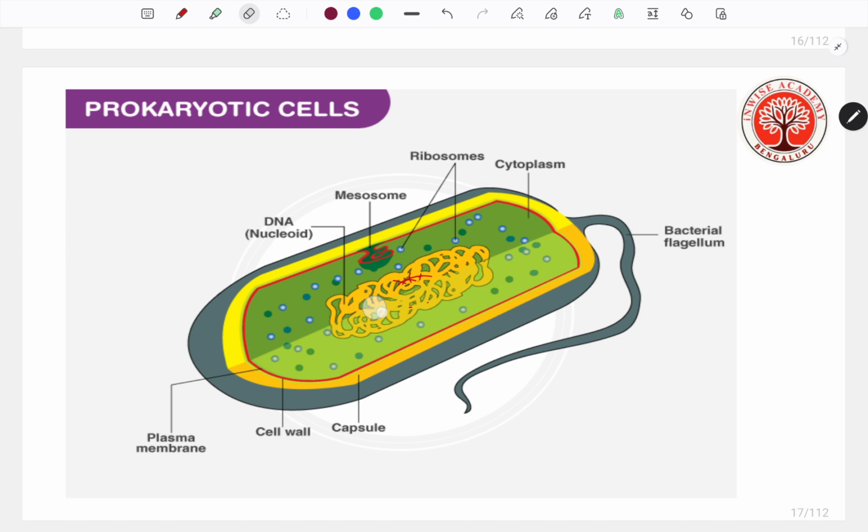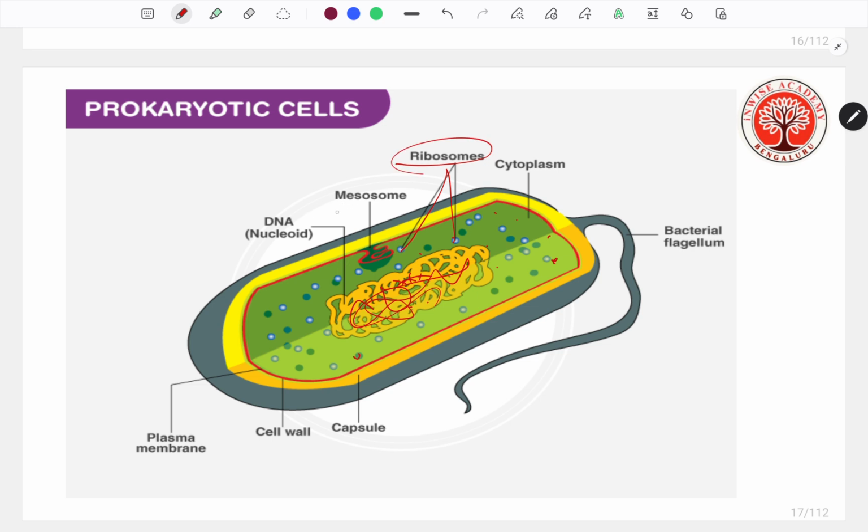That includes the genetic material, and some inclusion bodies are also present. That is what we studied, the storage granules. Ribosomes are also present, which are involved in protein formation, and they are made up of RNA.